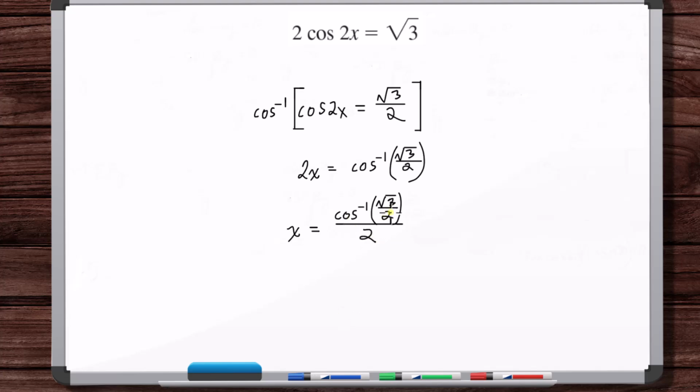Now just like we did with previous trig equations, even though this is technically one value according to the inverse cosine function, we're going to interpret this in terms of all the possible values that when you take their cosine of those angles, you get root 3 over 2. Root 3 over 2 would be a 30, 60, 90 triangle.